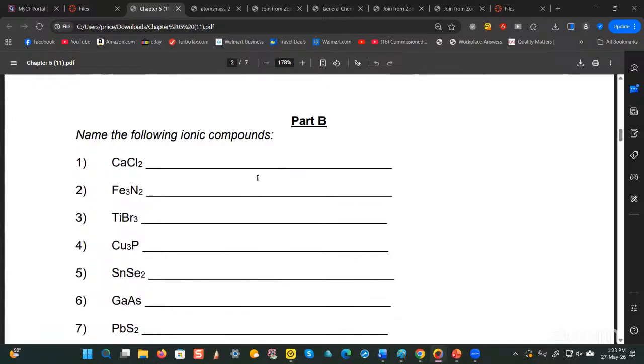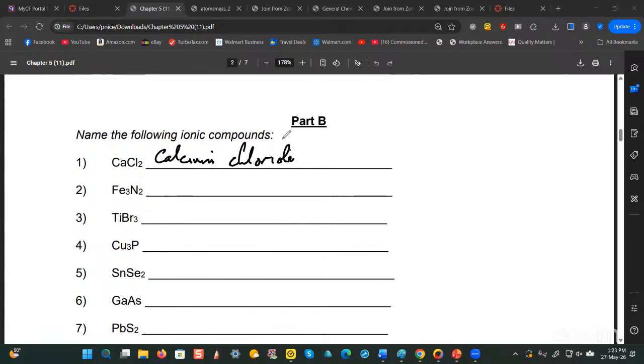So again, you're going to have the use of the list of common ions in the tables, right? So for the first one, the name of this compound will be calcium chloride, and that's it.